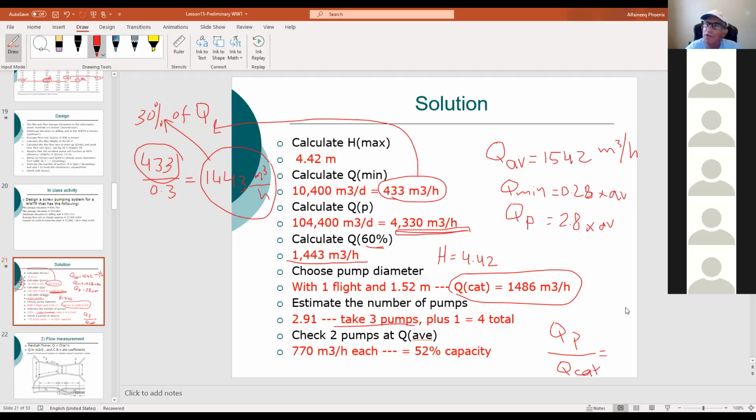And you need one redundancy, as we said. So you order 4 of them. You check for 2 together. Are they giving you your average? You don't need to do this, but it's a good idea to check with the average as well. Okay, guys.